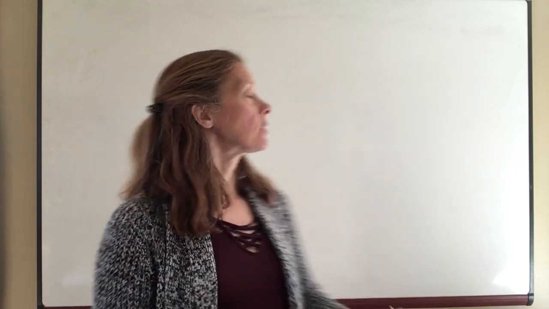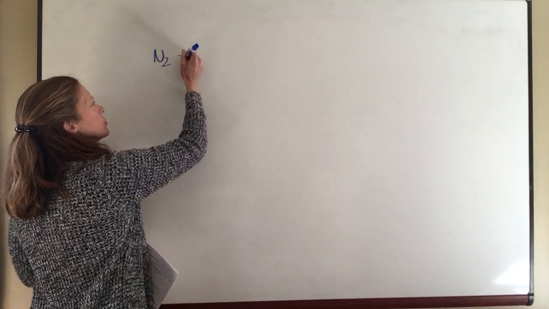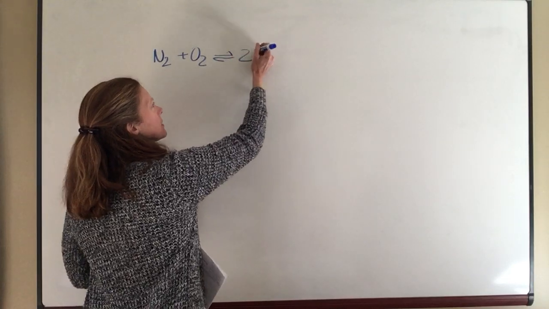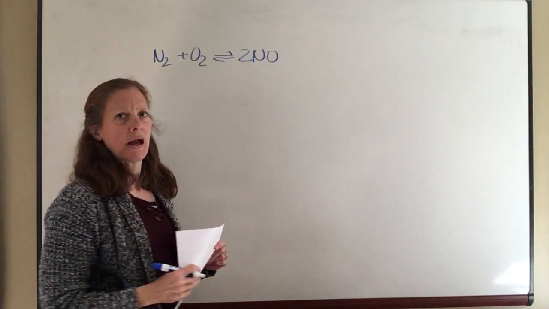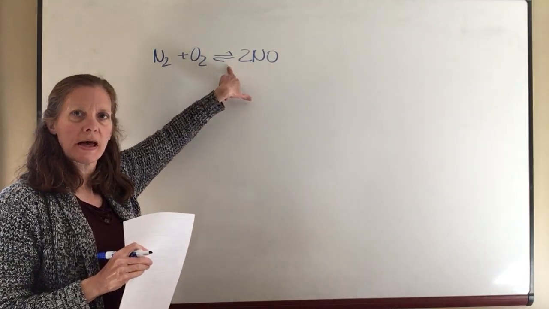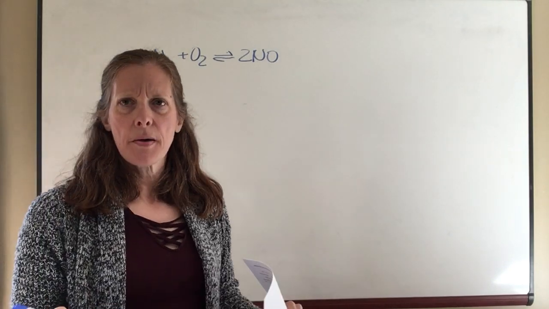Well, in order to do that, we first have to write the expression for the equilibrium constant. So if I look at the equation, N2 plus O2 yields 2NO. And you will notice that I am using a double-headed arrow here. And I want to make a comment on that.